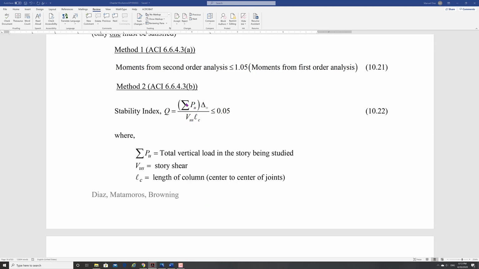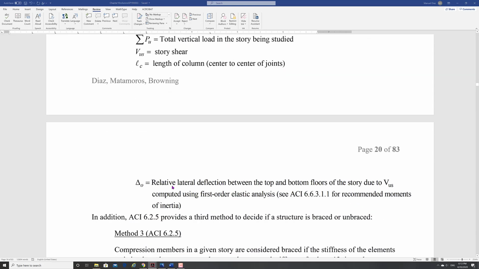So you're going to have the summation of the loads on a given story, the shear on a given story, the length of the column on that story, and this one, delta zero, very important: the relative lateral deflection. So this is relative with respect to the different floors.